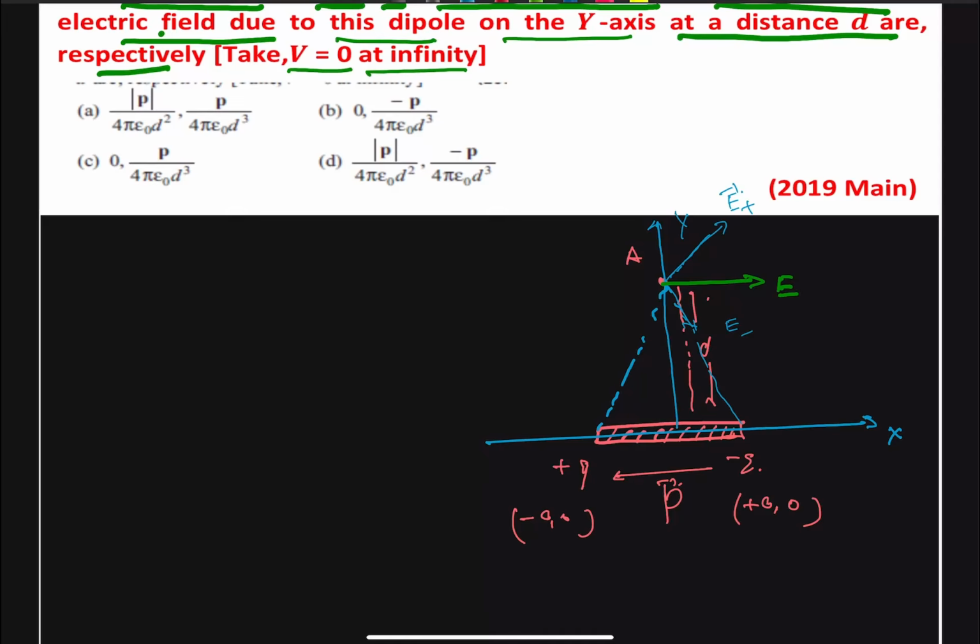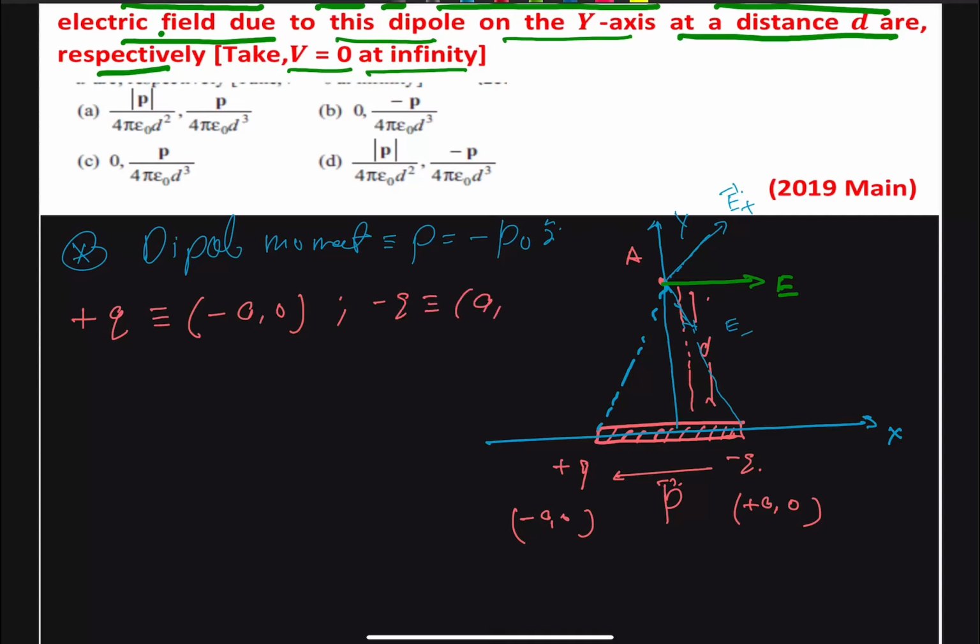We are given that the dipole moment P is minus P naught x unit vector, and we assumed that the coordinate of plus q is minus a comma 0 and of minus q is plus a comma 0.